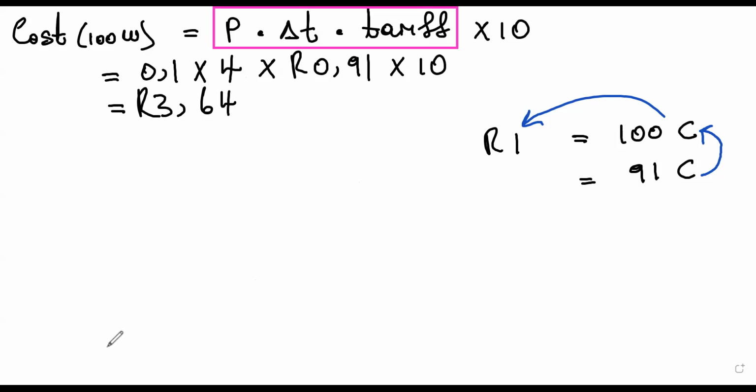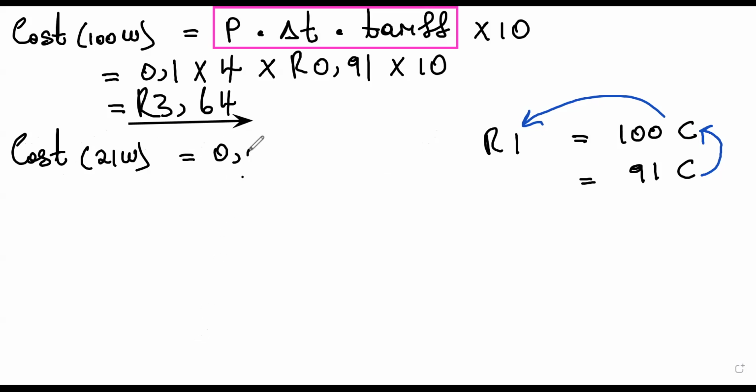Of course. So this is the cost when you're using 100-watt light bulbs. Then we come back again and calculate the cost when you're now using 21 watts. So once again, we are given watts, so we have to convert it to kilowatts. So it's 21 divided by 1,000, which is going to be 0.021.